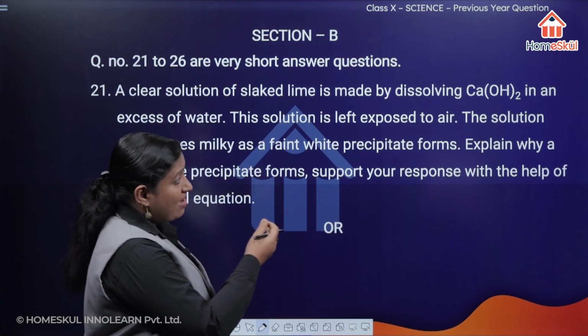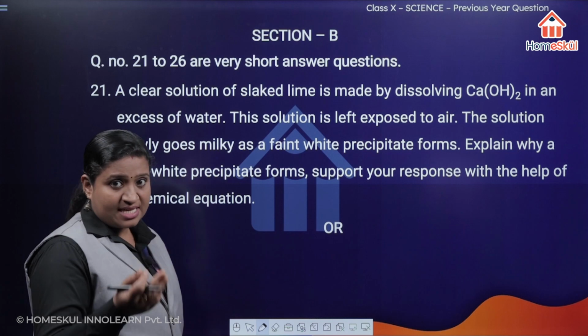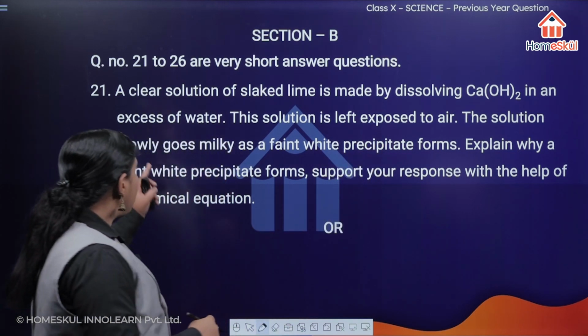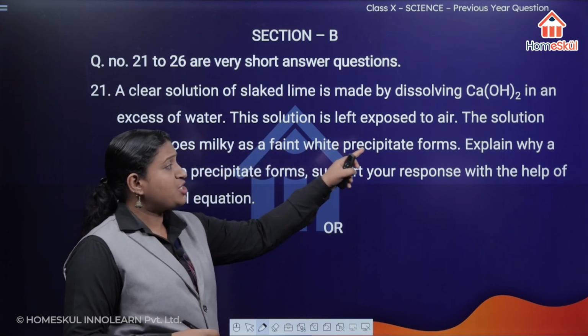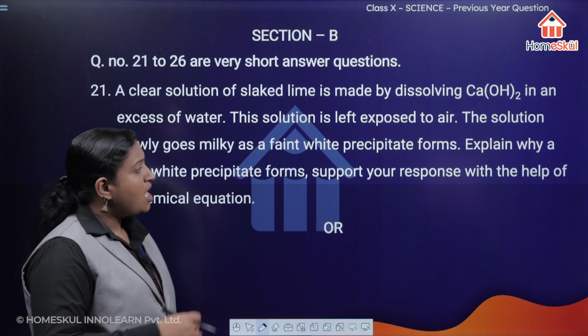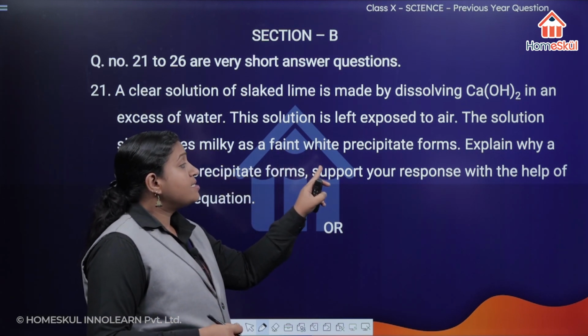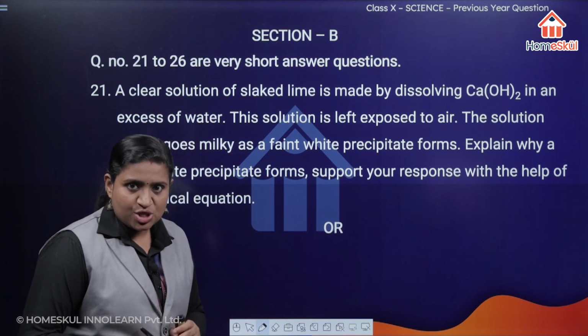Here, this we have learned in the process of whitewashing, right? Yes, in lesson 1, chemical reactions and equations. The solution slowly goes milky as a faint white precipitate forms. Explain why a faint white precipitate forms. Support your answer with the help of a chemical equation.